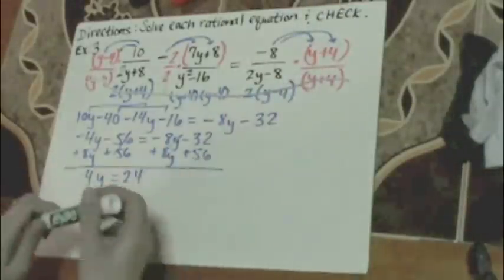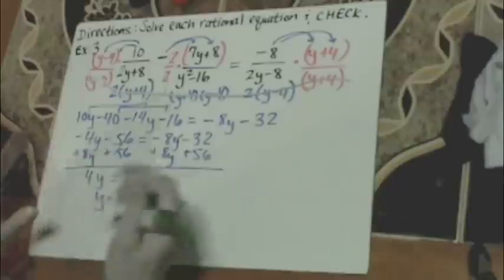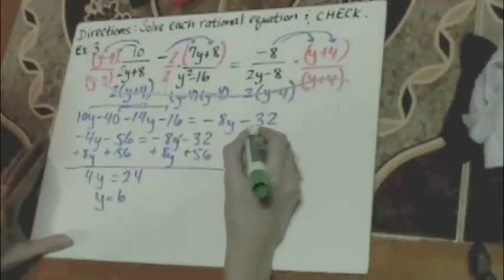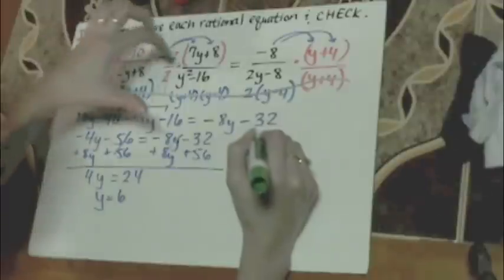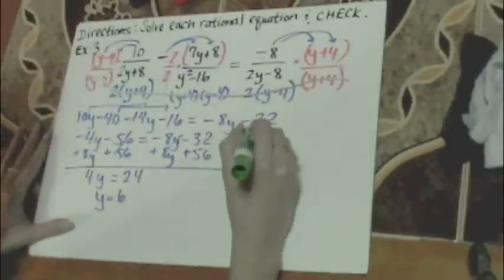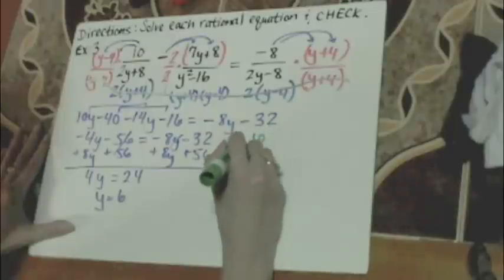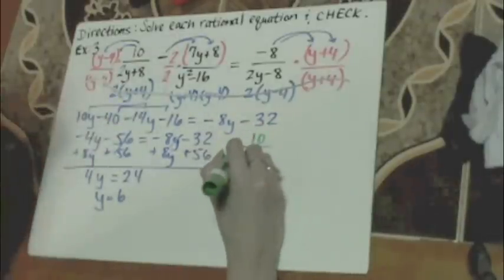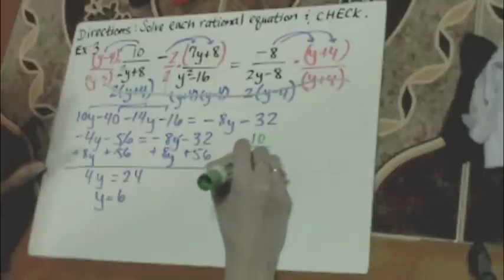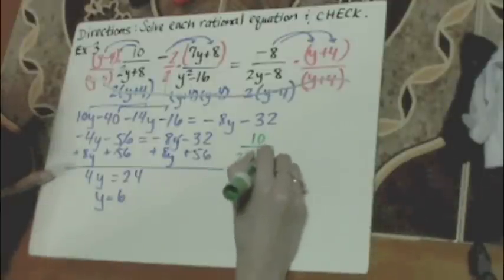Okay? So let me see if I can get a different color for the check. Let's use green. Okay, so I'm going to check it into the black. Alright? So I've got 10 divided by, I'm going to put 6 in for this y. So I'm not writing all that out again, so I'm just going to make that substitution right now.